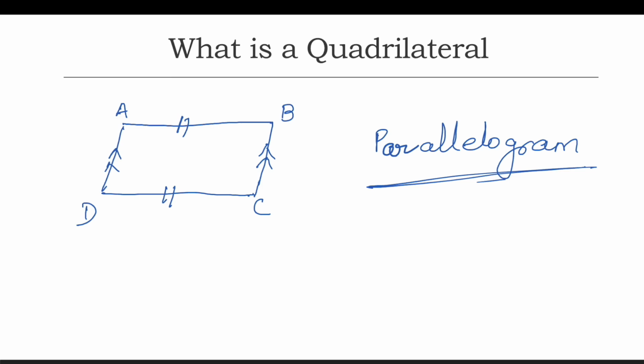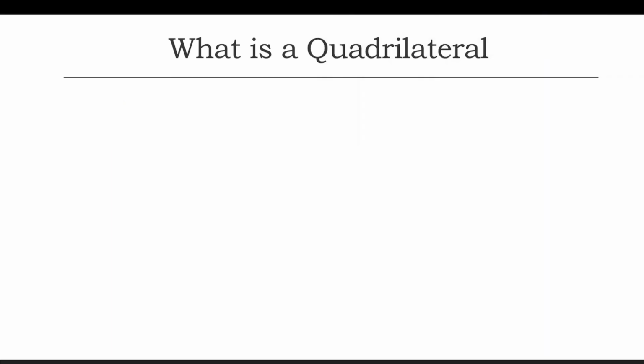If the opposite sides are parallel, this is called parallelogram. Now, from parallelogram, multiple types of special quadrilateral might come out. In all those quadrilaterals, the opposite sides will be parallel to each other. But in addition to that, there would be some other special properties.